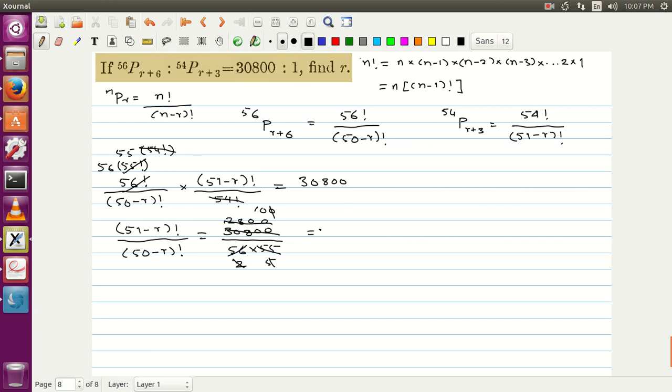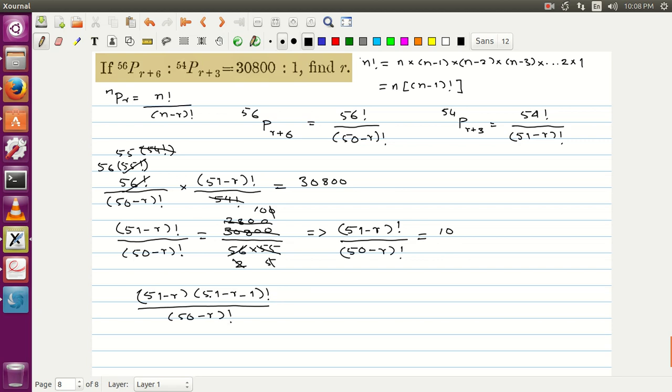So what we know so far is (51 minus r) factorial divided by (50 minus r) factorial is equal to 10. How to solve this? We again use this formula, right? We know that (51 minus r) factorial can be written as (51 minus r) times (51 minus r minus 1) factorial, divided by (50 minus r) factorial.